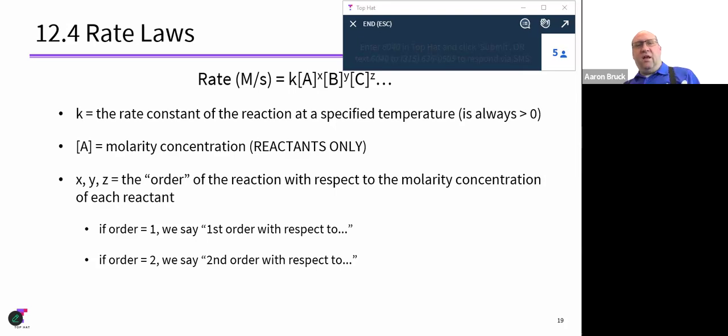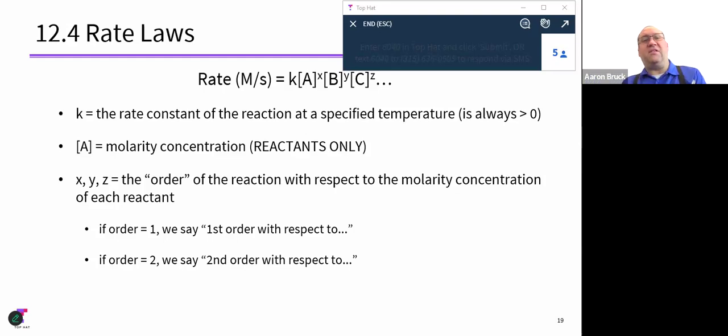So, like I said, K is the rate constant. The rate constant is always a positive value. The values in brackets are concentrations. We're only going to focus on reactants here. If you were to study kinetics at a higher level, at the PChem or graduate school level, the rate laws get a little bit more complicated, but we're going to keep it relatively simple and look just at reactants.